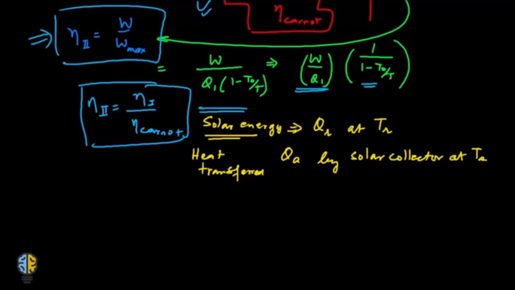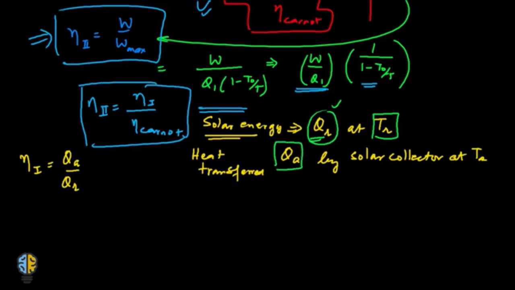If you talk about the first law efficiency, it is equal to QA upon QR. This means that the heat is available in a particular quantity and at a particular temperature, but the heat that you're getting is of quantity QA and temperature TA, so the values are different.